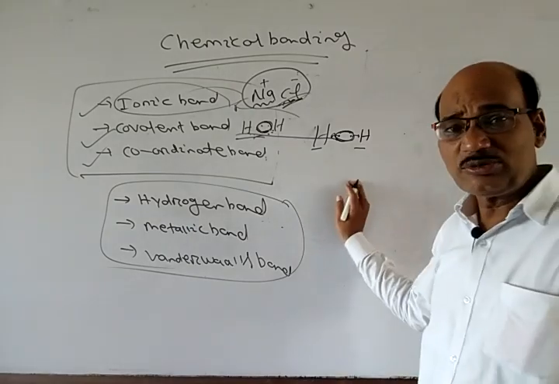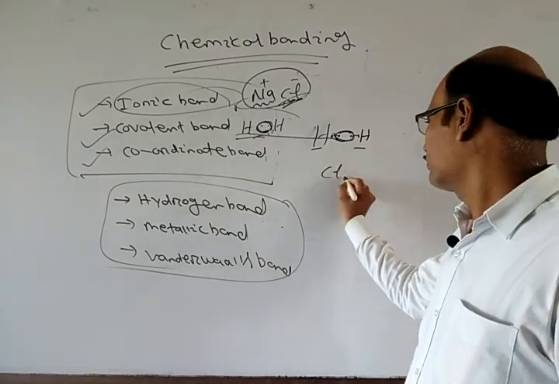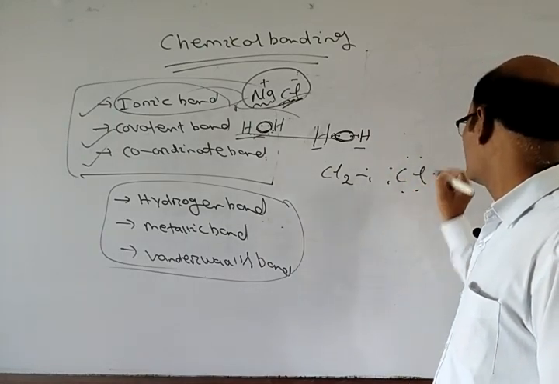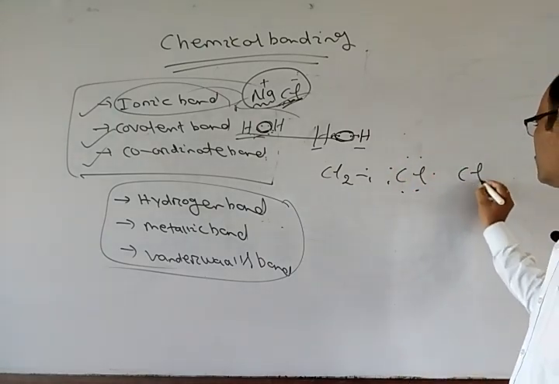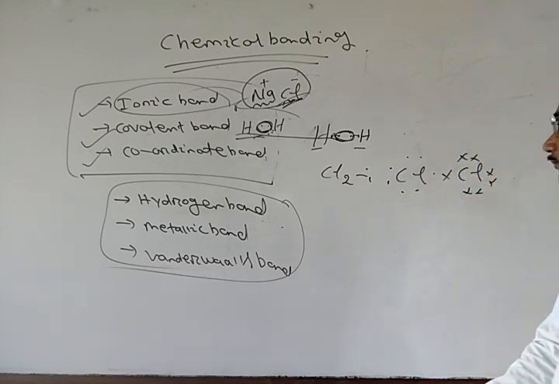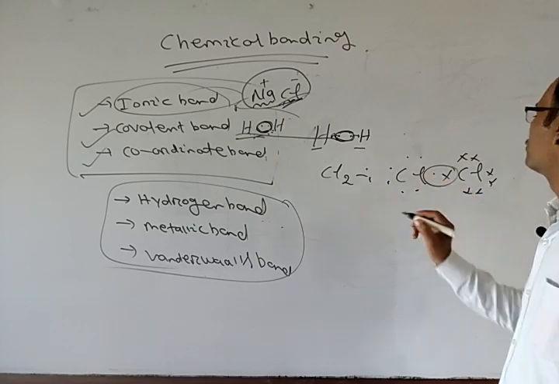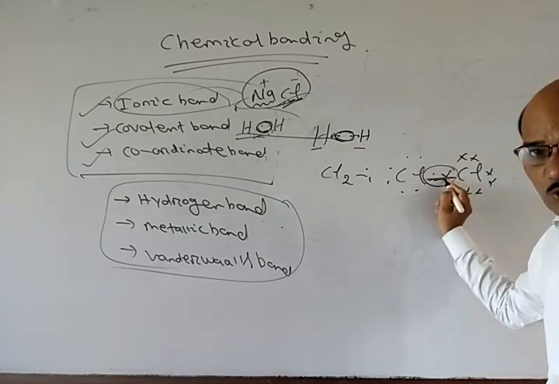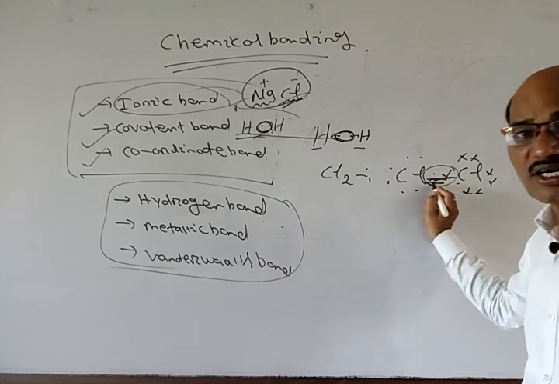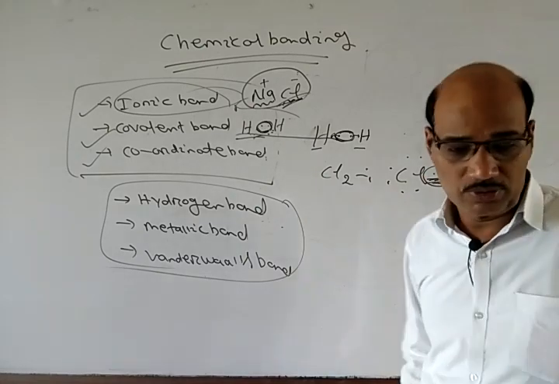You can take Cl2, Cl and Cl. This is the shared pair of electrons, so between Cl and Cl we have a single bond, called the covalent bond.